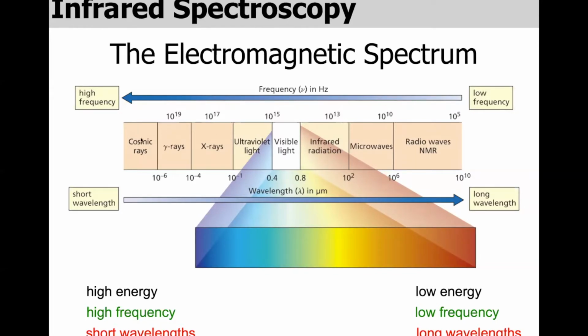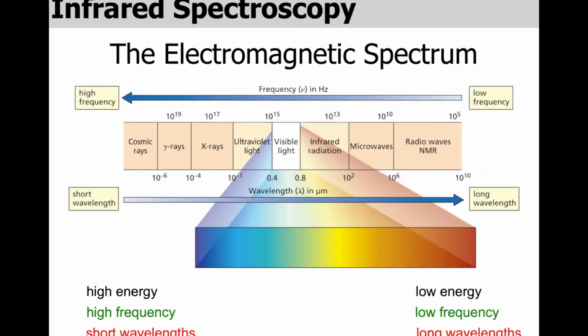If you think about the electromagnetic spectra, cosmic rays and gamma rays and X-rays are very, very high energy, and they have a very high frequency, and they in turn have very short wavelengths. Whereas when we get down to the lower energy end of the spectrum, radio waves, microwaves, and infrared end up having very low energy and low frequency, but they actually have pretty long wavelengths.